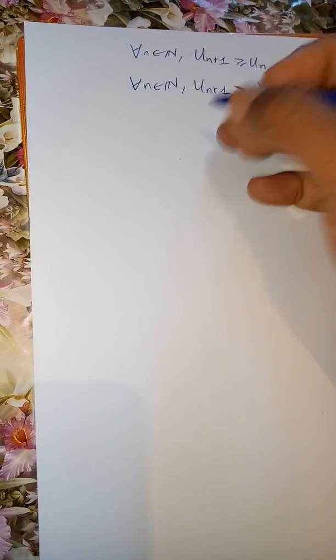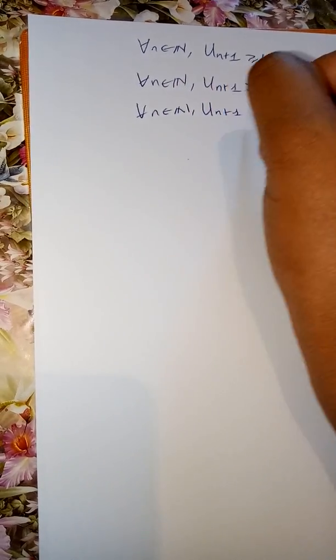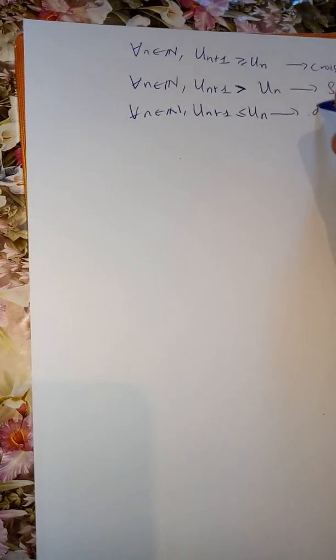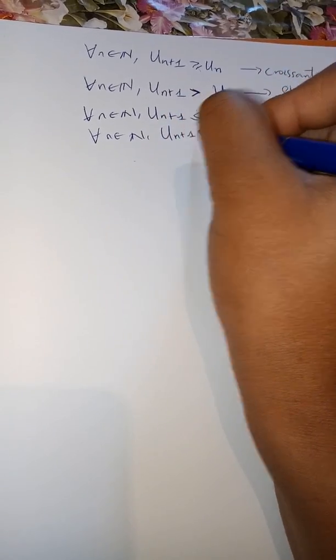Then the same applies for when it is strictement décroissante. Here we have un plus 1 inférieur ou égal à un. We said that it's a suite that is what? Décroissante. Now if we say the suite is strictement décroissante, we say un plus 1 strictement inférieur à un.